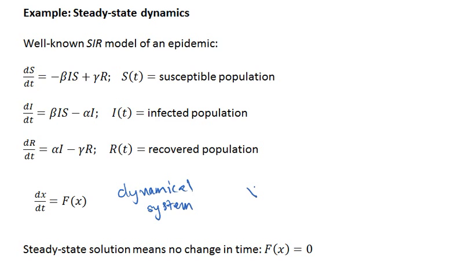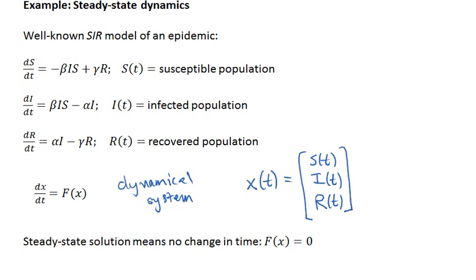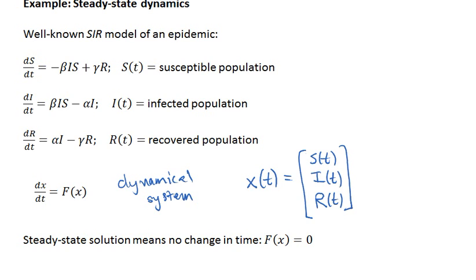So here the variable x is a function of time. It's a vector consisting of the three population values. F then is a map from the three values of S, I, and R into the three values of dS dt, dI dt, and dR dt.